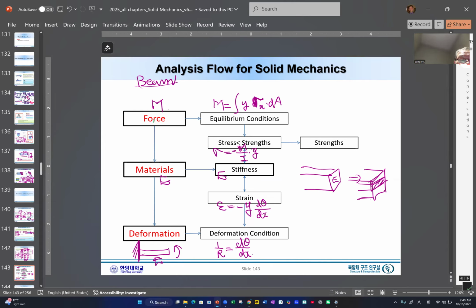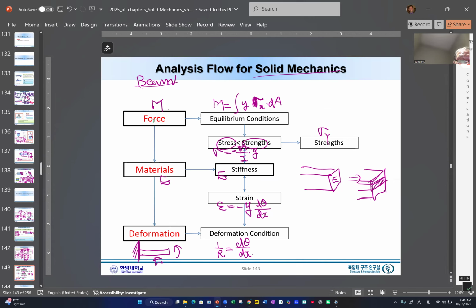This flow will be exactly the same as for general solid mechanics. So this is the stress level, and then it should be length and strength. Strength is given as sigma yield.